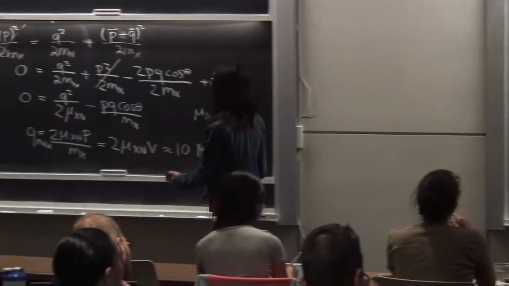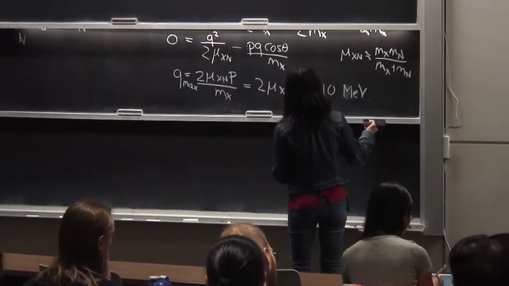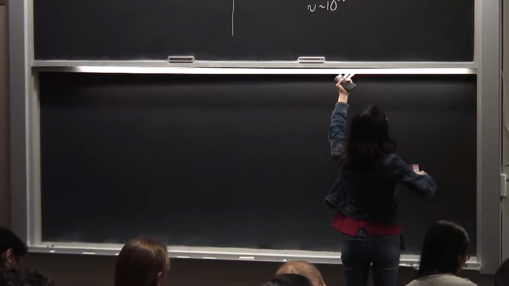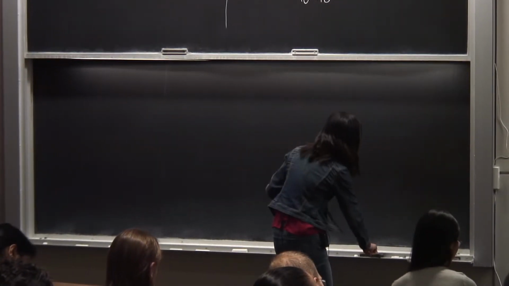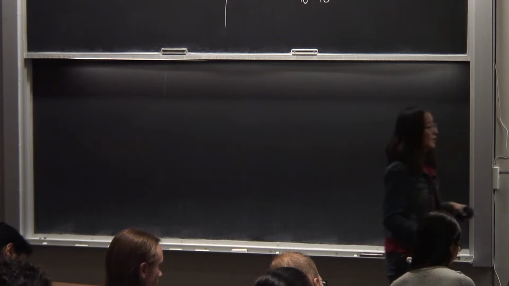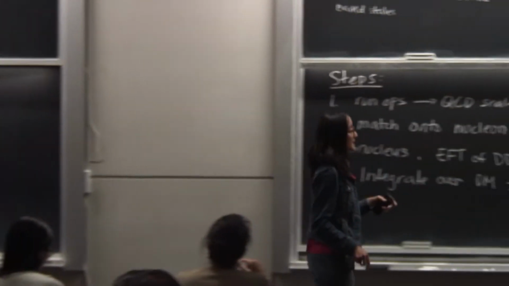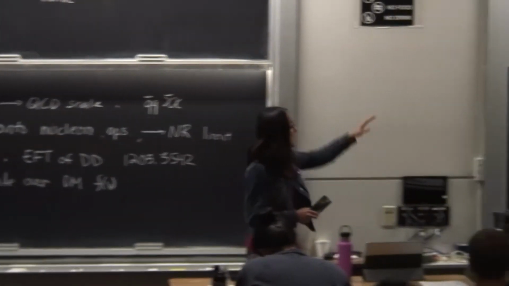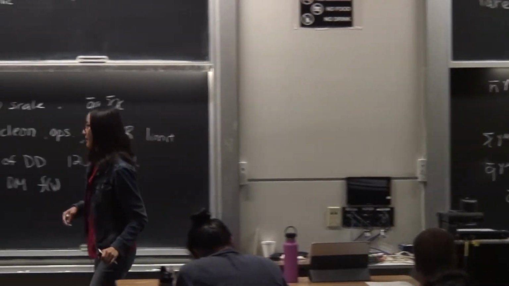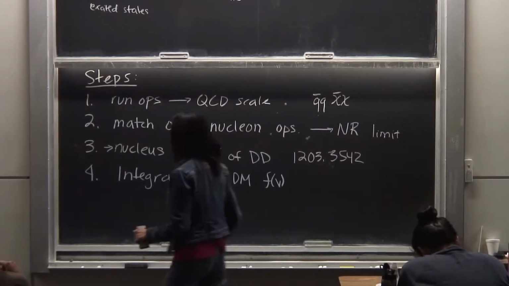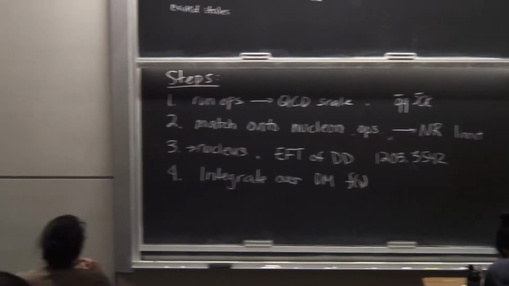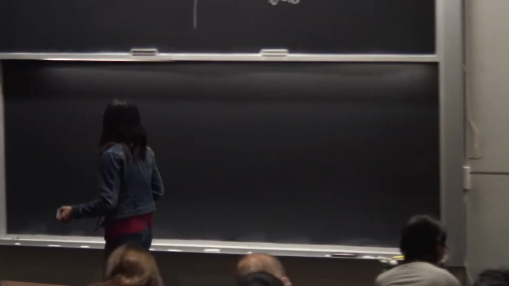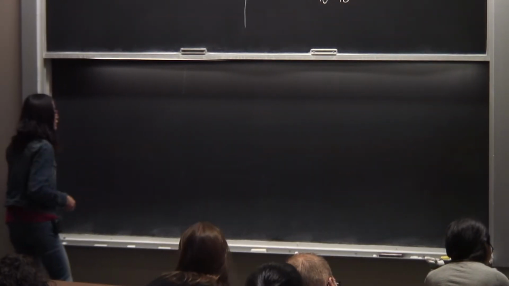Go back here. Okay, so having now the non-relativistic nucleon level operators, you can use the results here to get what the total nuclear response is for your particular nucleus.